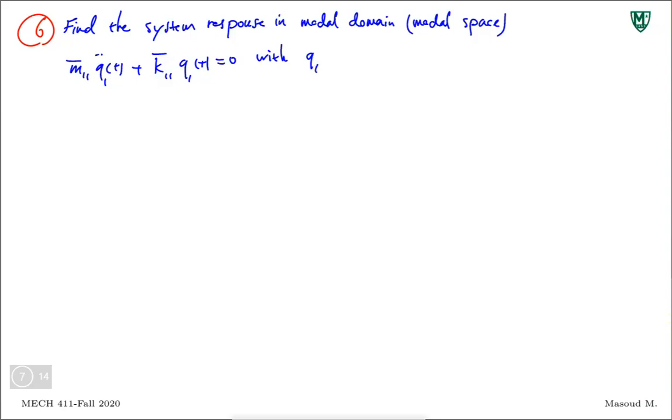And then we have M22 bar Q2 double dot(t) plus K22 bar Q2(t) equal to 0, with the initial conditions.